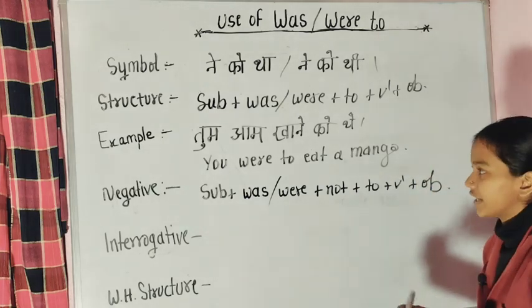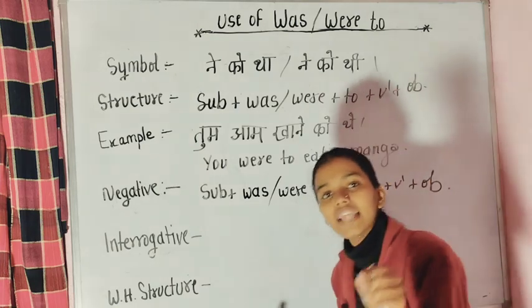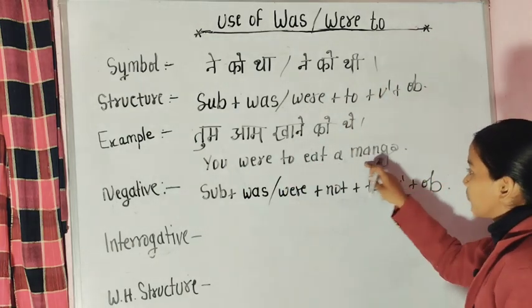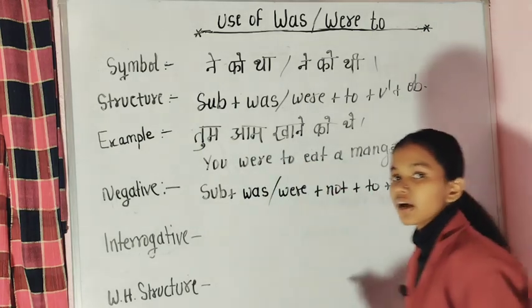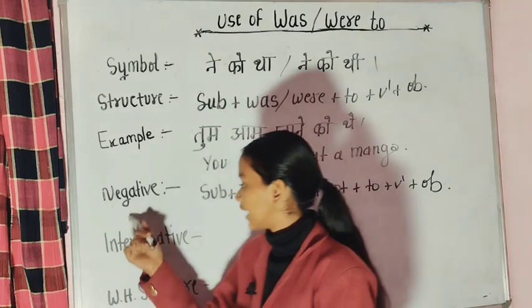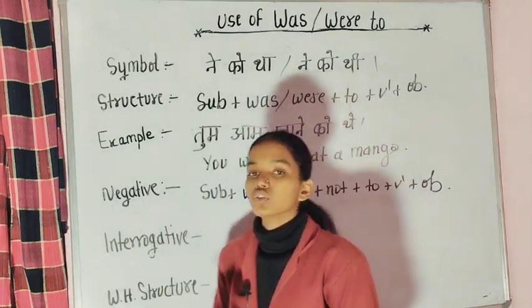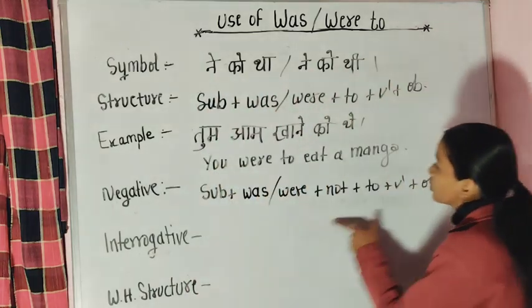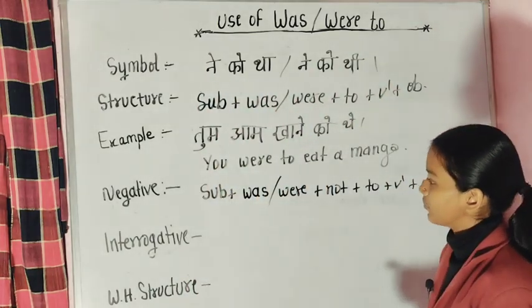That is the negative example. So in English: You were not to eat a mango. You can see on the board.